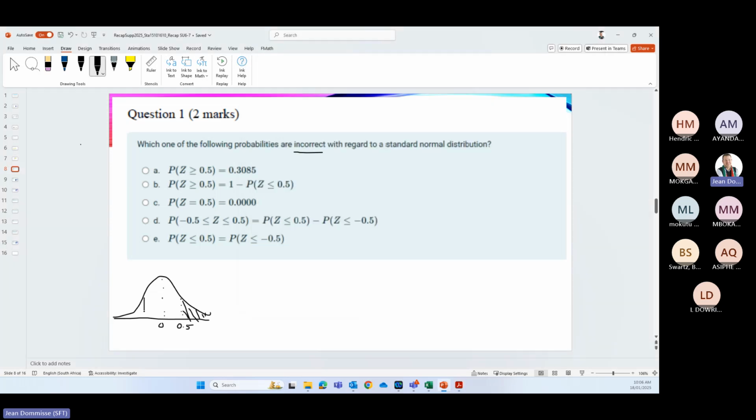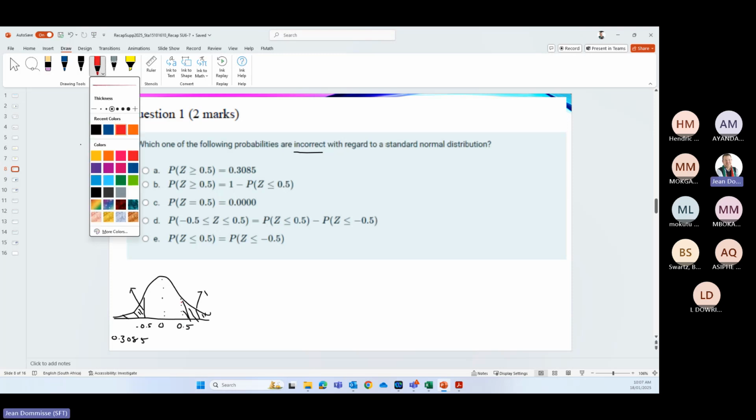So basically, because it's symmetrical, those two need to be exactly the same. So that area is 0.3085.